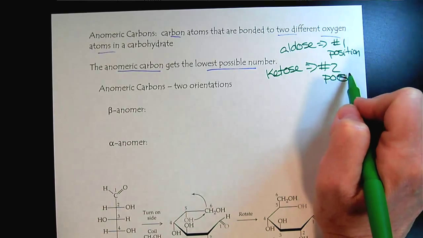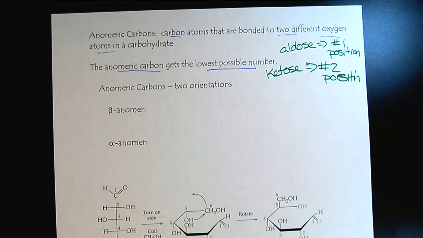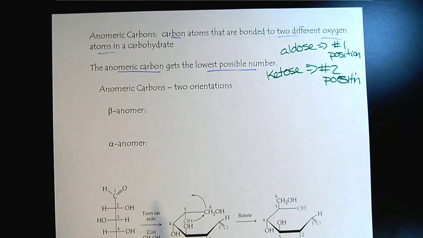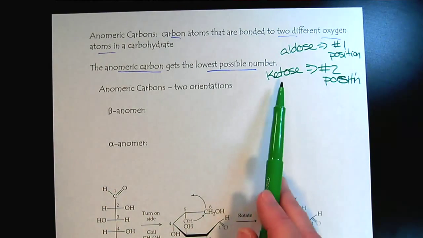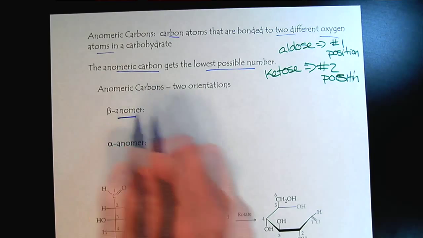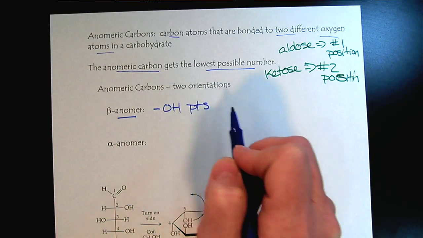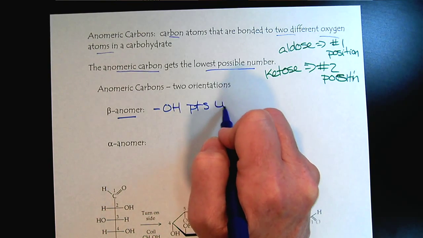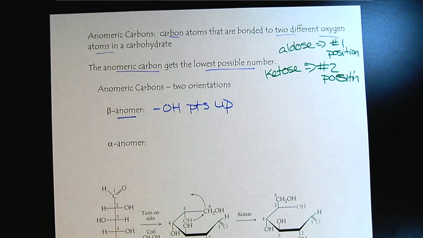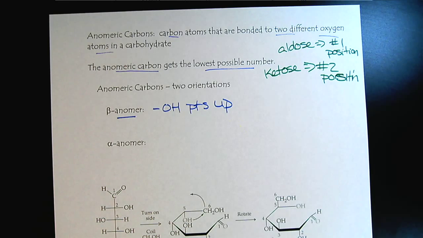All right, so remember that we want to stay with the longest continuous carbon chain. So be aware of that. And then just to really emphasize the difference here, the beta anomer is where the hydroxyl group points up. And so one way to think about this is if you like to enjoy cocktails, you could think bottoms up.